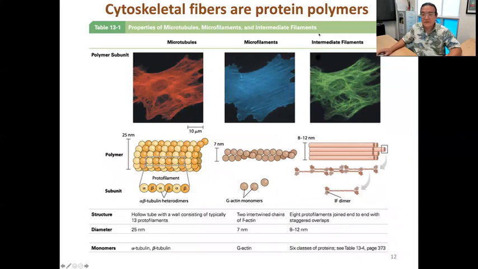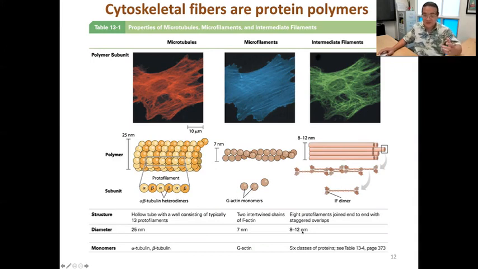The third group of cytoskeletal fibers that we'll talk about in this class are the intermediate filaments. So you can see a theme here. They're called intermediate because their diameter is in between the microfilaments and the microtubules. These intermediate filaments are typically 8 to 12 nanometers in diameter.